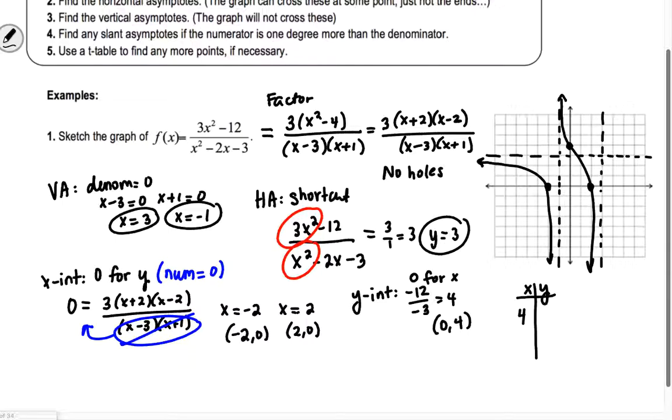So 3 times 6 times 2, 36, over 4 minus 3 is 1, 4 plus 1 is 5, so 5. I think that's like 7.2. So it's way up there at 7.2. So is that enough to tell us what happens on this side? Yeah, it's going to go along the vertical, and then it has to curve to go along that horizontal. So that's our graph. No holes, so we're done.